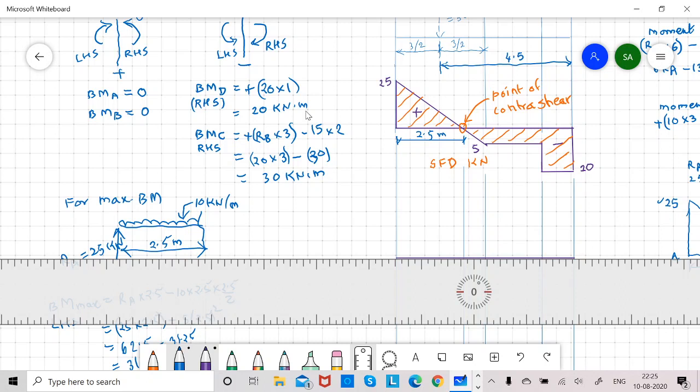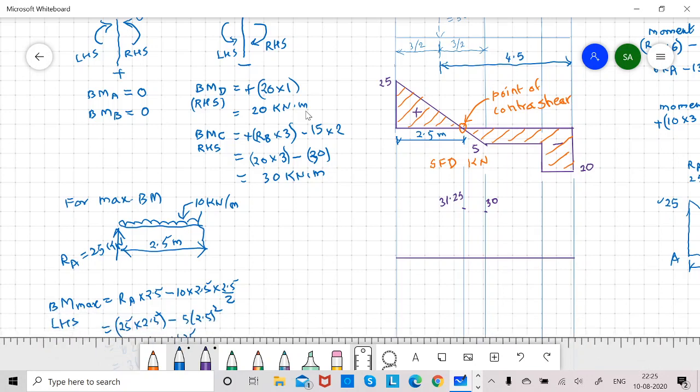Then bending moment at A is 0, B is 0. Then maximum bending moment is 31.25. Here it is 30.